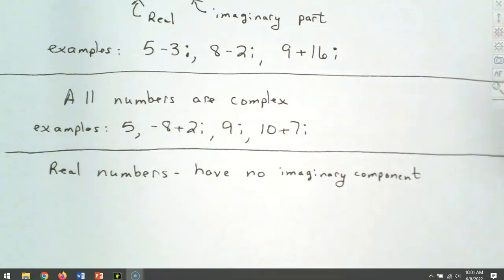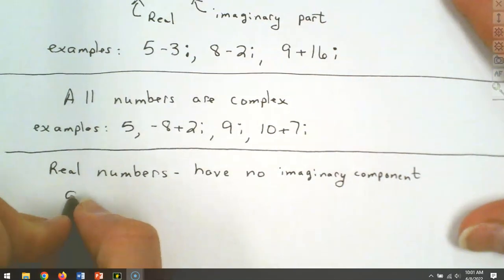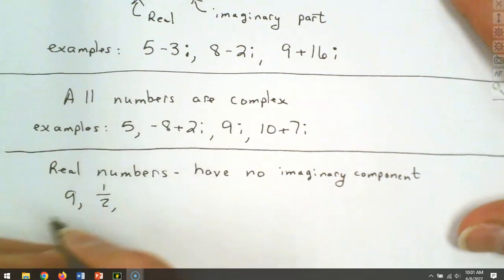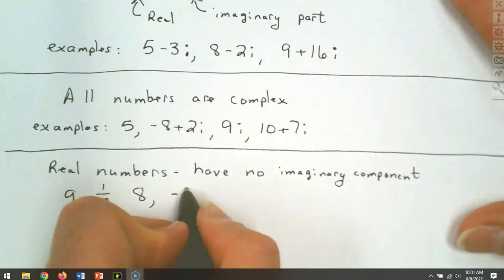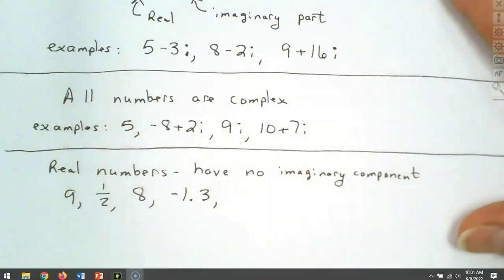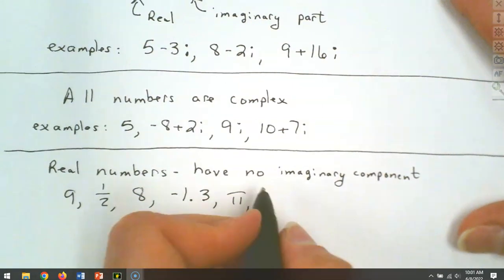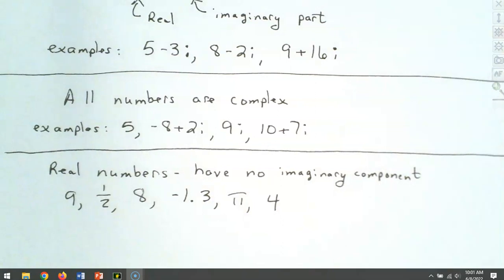With the exception of division by 0, we called everything real. And so 9, that's a real number. A half, that's a real number. 8, that's a real number. Minus 1.3, that's a real number. Pi, that's a real number. 4, that's a real number. Every number that doesn't have an imaginary component is real. All the numbers we worked with in all of our previous courses have always been considered real.